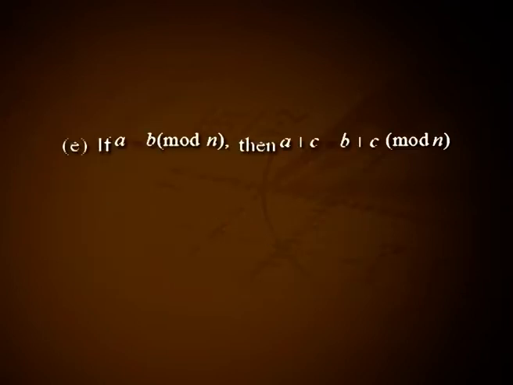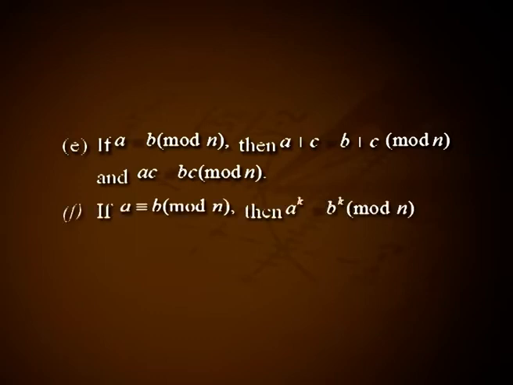E: If a ≡ b mod n, then a + c ≡ b + c mod n and ac ≡ bc mod n. F: If a ≡ b mod n, then a^k ≡ b^k mod n for any positive integer k. Proof.